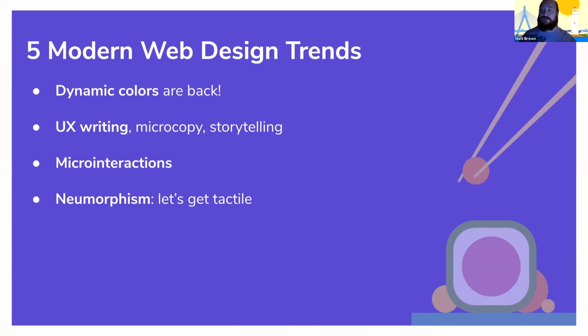And so neomorphism is, someone described it as a love child between the material design, which Google has, and then flat design. So it's physical, but it's a little bit more subtle. You get this kind of embossed look if you've seen it on Dribbble or any of those design blogs. So it's pretty cool. It's a great fit, I think, possibly, for mobile, where you're actually touching the screen.